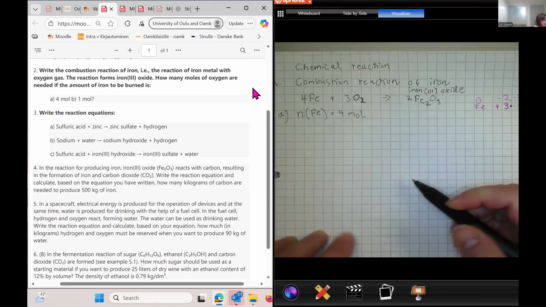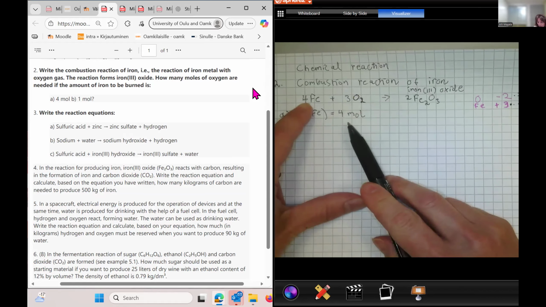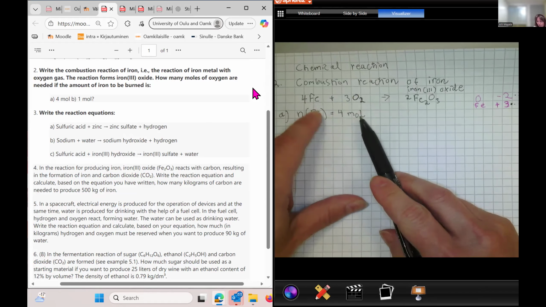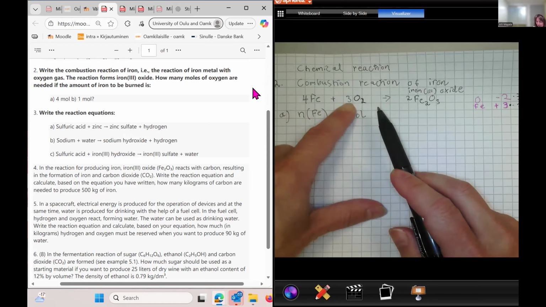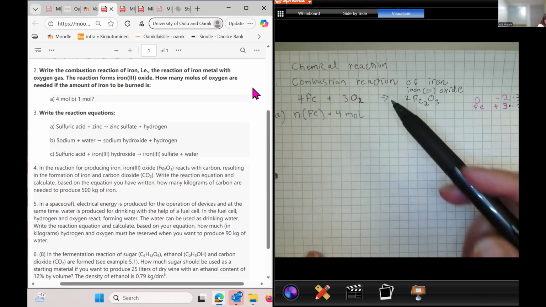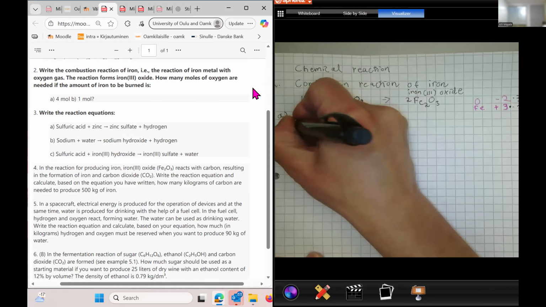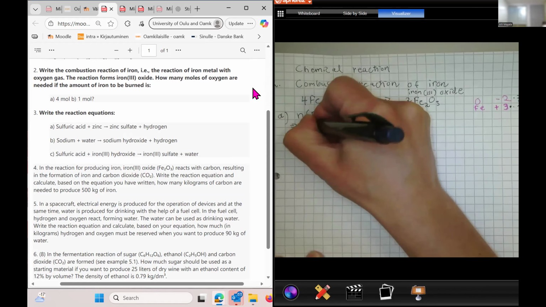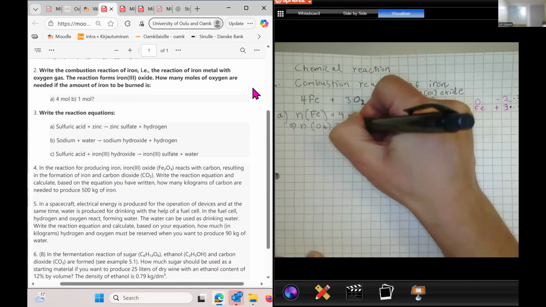And then I can check from here. Obviously my multiplier is 4, which is how many moles of iron I have, and for oxygen it looks like it's 3. The amount of oxygen gas is 3 moles.